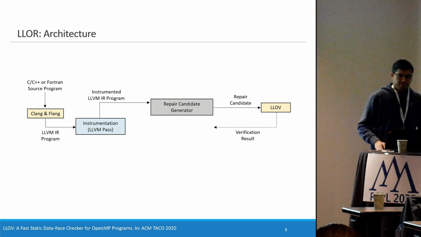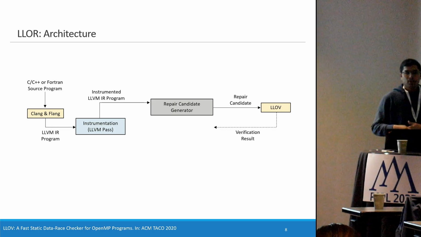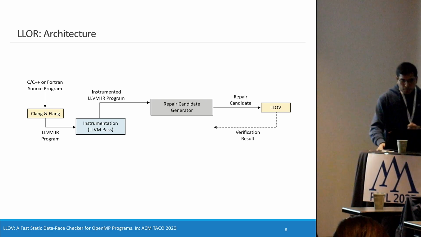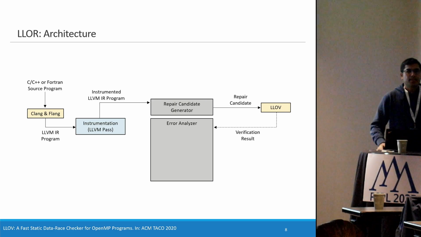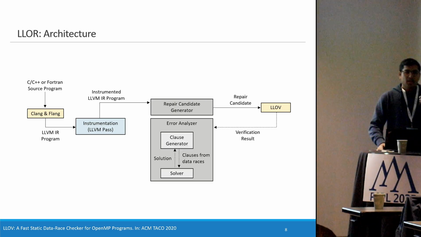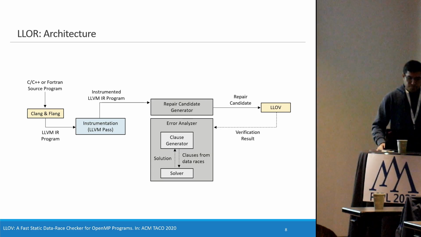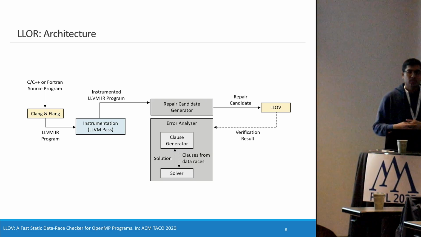LLOV reports the data races if there are any, and it reports the source location where the data race occurs. In the next phase, we analyze the data races from the oracle, and using these data races, we form some clauses that I will discuss later. These clauses we send to a solver. In this case, we use Z3 for our purpose.